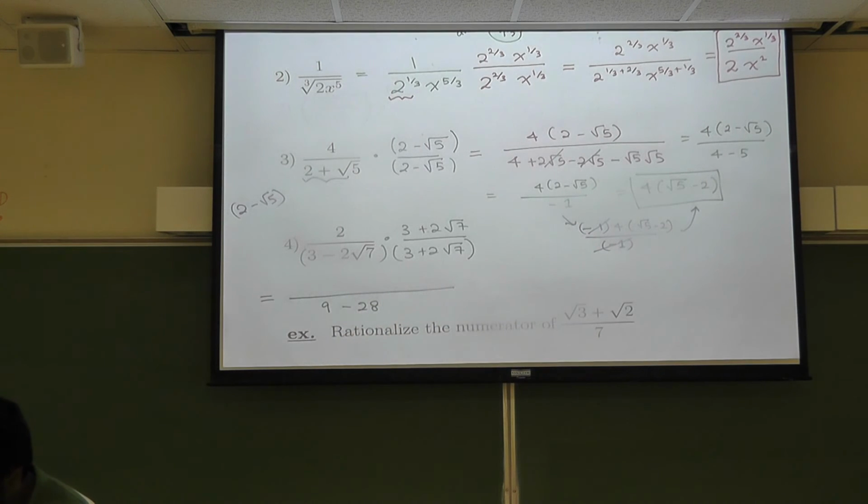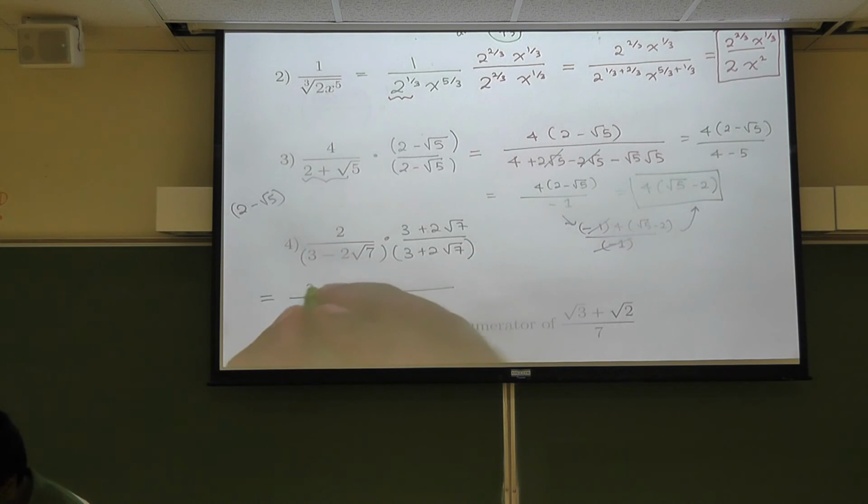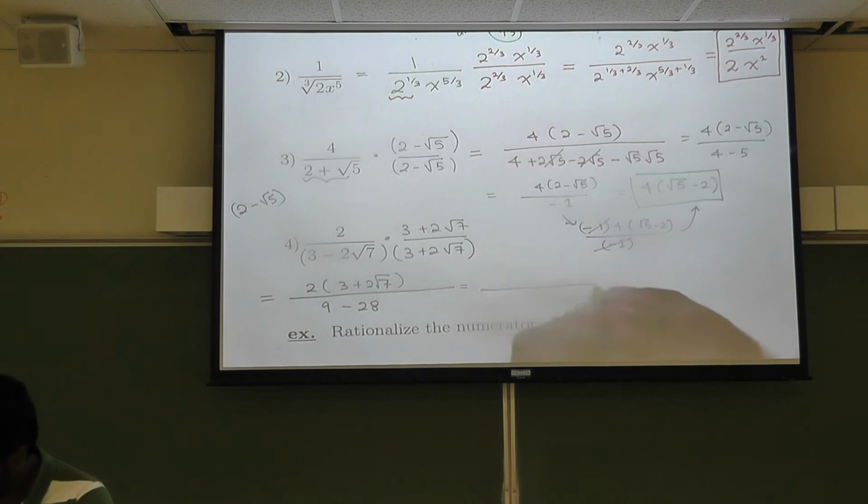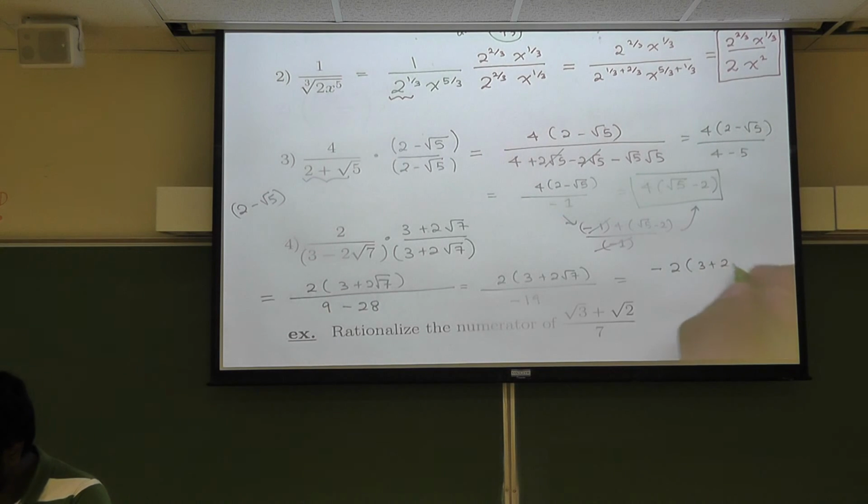You can FOIL it and see for yourself if you want further elaboration. That would be negative 19 over 2, 3 plus 2 root 7. You can just bring this negative sign, so you get negative 2, 3 plus 2 root 7 divided by 19 as your final answer.